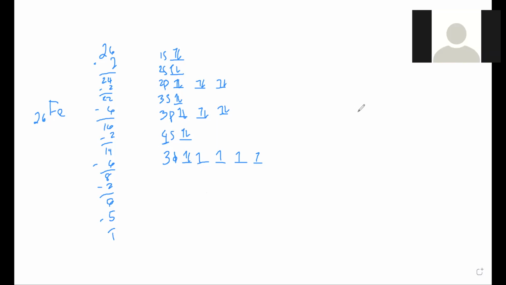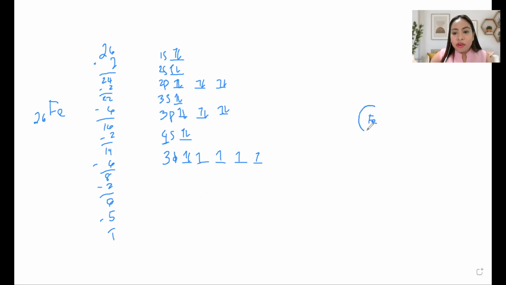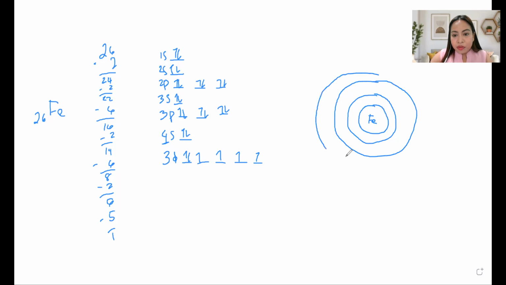So it means that there are 4 rings or orbits after the symbol of iron.